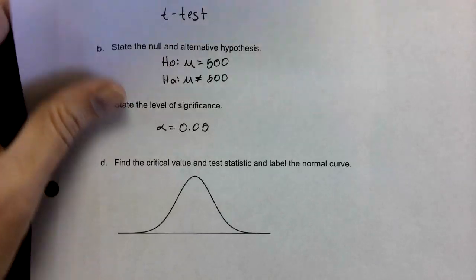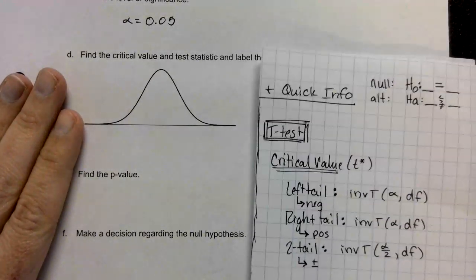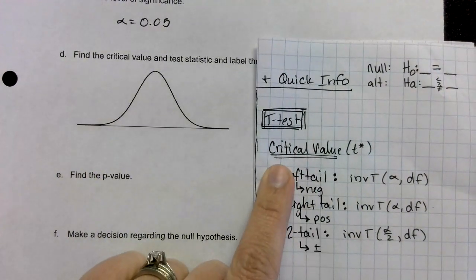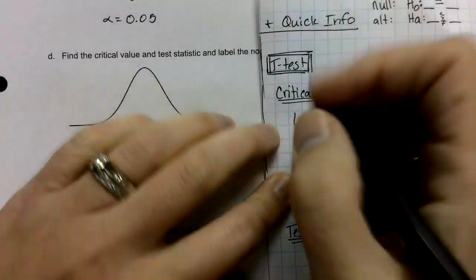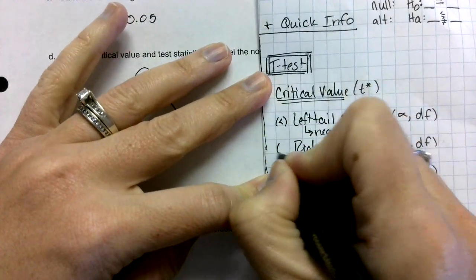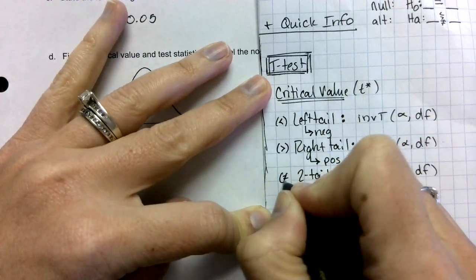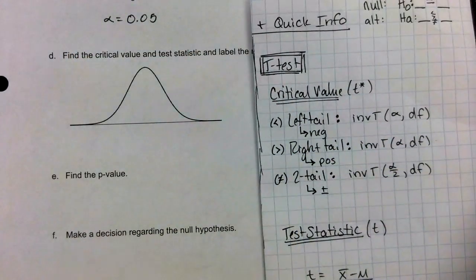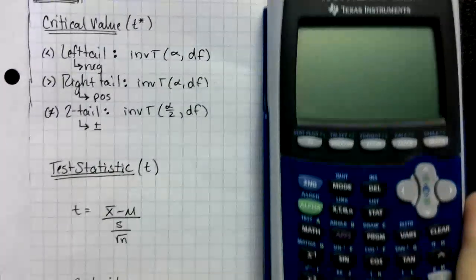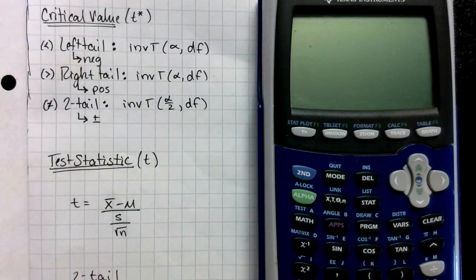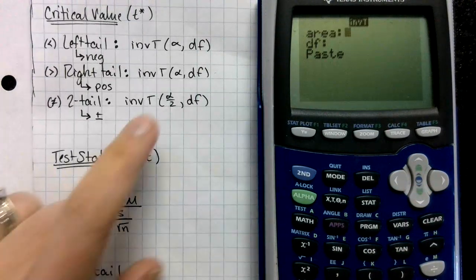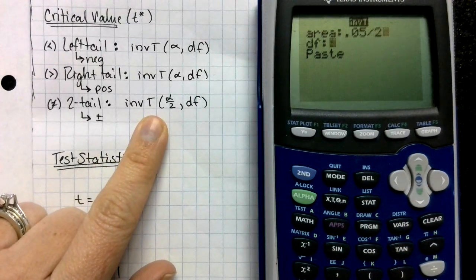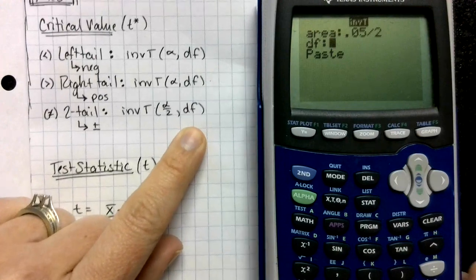So going on to our critical value and test statistic. I've got my t-test side of the formula sheet. My critical value is for a two-tail test, and I know it's two-tail because we used not equal. So being a two-tail test, we're using inverse t. We find that under second vars. I have to do alpha divided by 2 and my degrees of freedom.